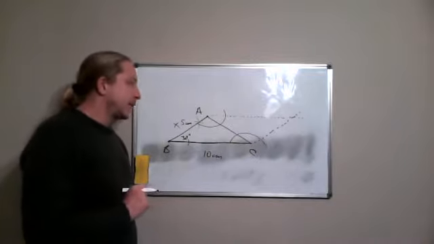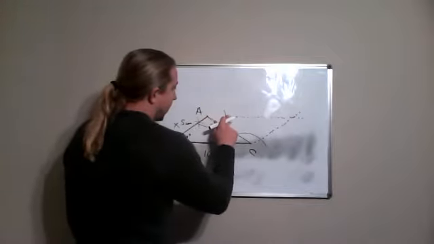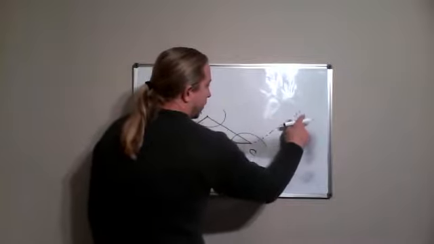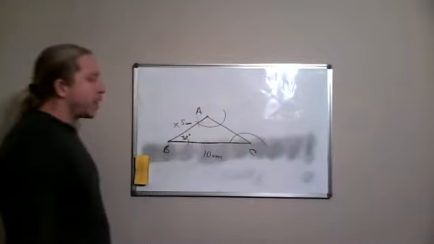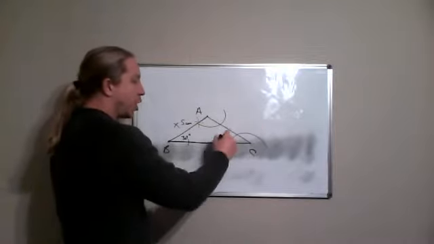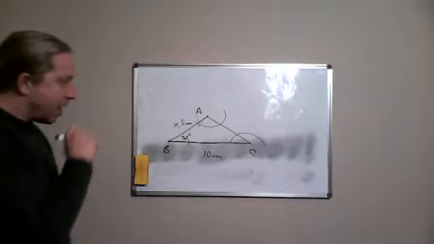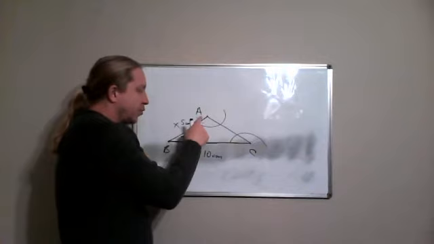Anyway, let's continue. Let me take this dotted line away. What I've done is put my needle compass point there and there, and I've drawn the two arcs. Great. Now I'm going to use this angle here.